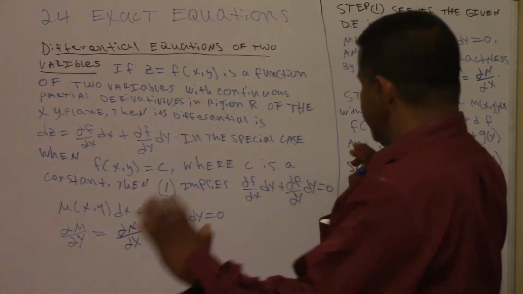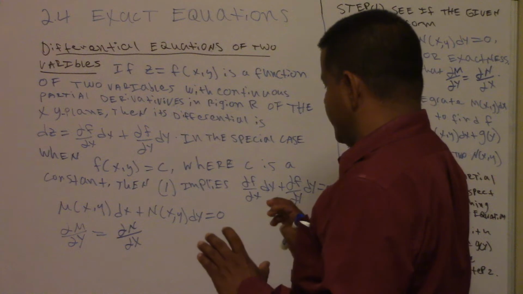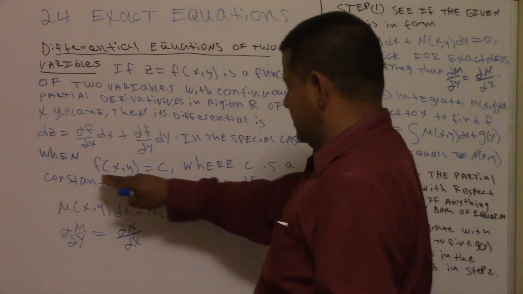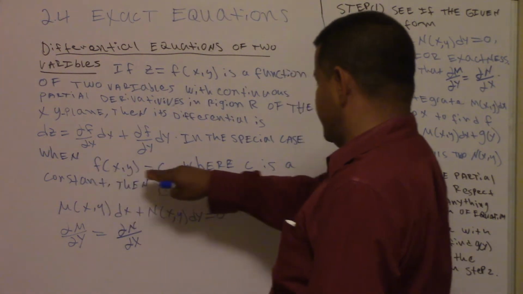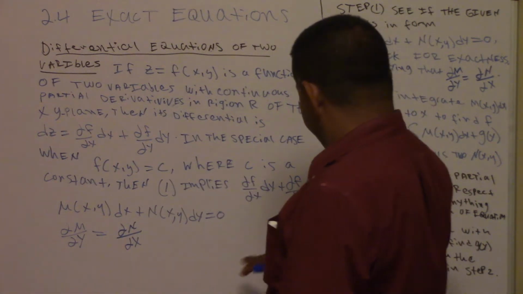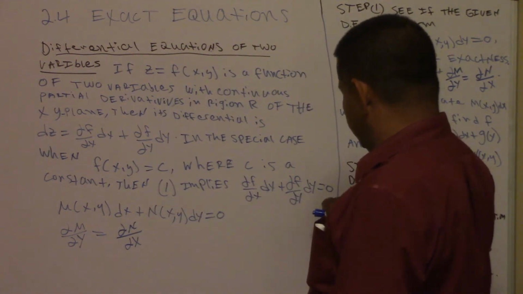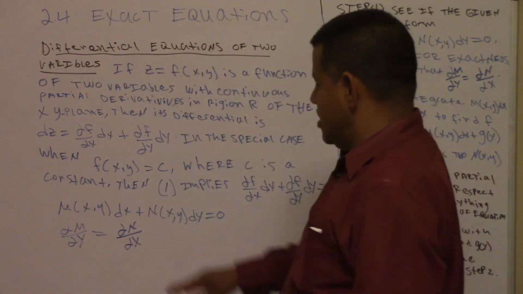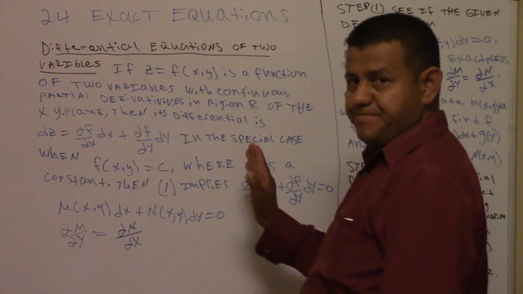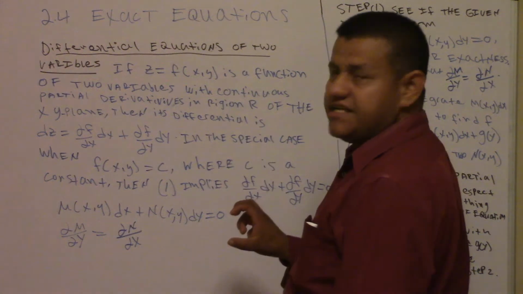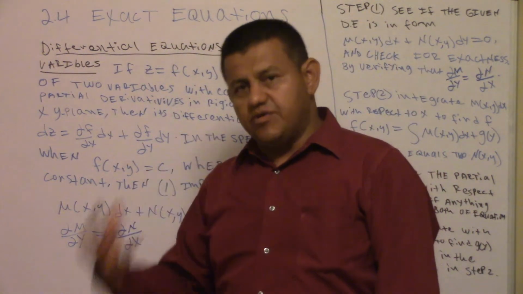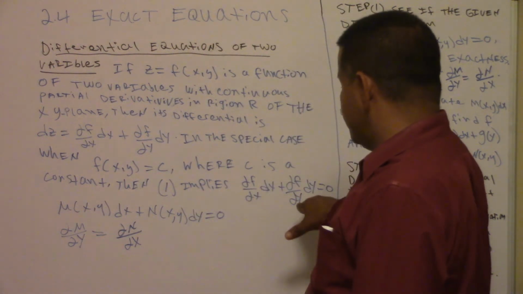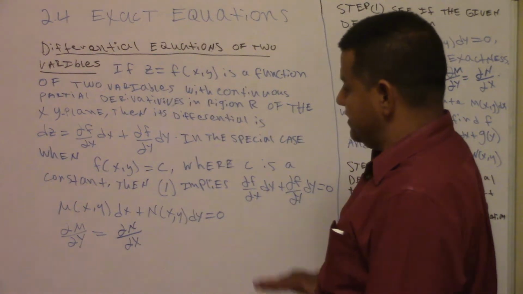That is the convention we use: if this function equals a certain constant, then this side is going to be 0. If you take the derivative of a constant, it's going to be 0. That's what they're trying to say in this one.